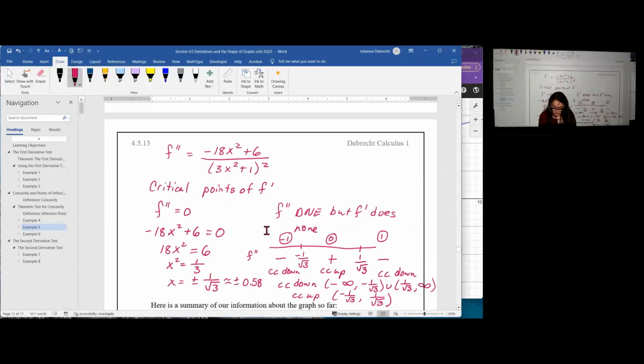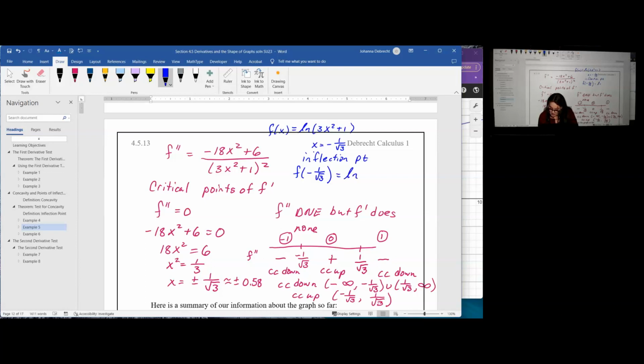We'll start with the value x equal -1 over the square root of 3. To find the actual inflection point, I need to substitute that into the original function. The original function was f of x equal to natural log of 3x squared plus 1. When I take this negative 1 over root 3 and substitute it into the function, notice that it's squared, which means I'm going to get the same y value for positive 1 over root 3.